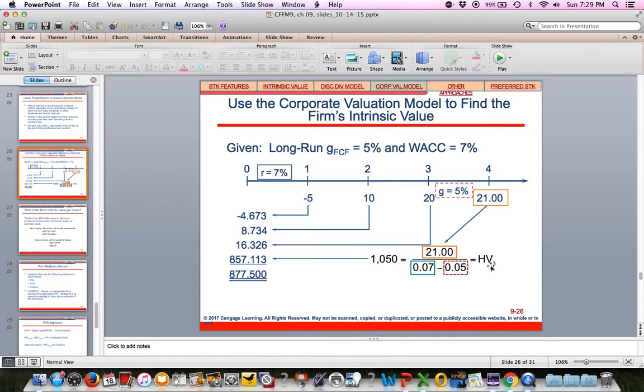That's the horizon value, the point at which the growth is constant. So I bring that down to a present value of 857, and so I sum up all these numbers, and so what I'm saying is that the value of this company is 877.5.